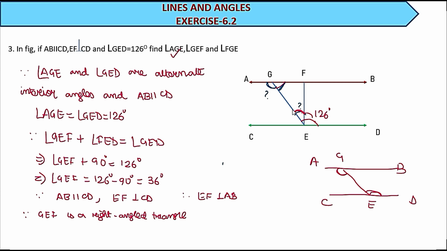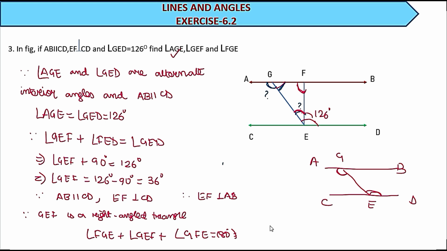So since GEF is a right angled triangle, we have the value of angle GFE, that is 90 degree. You have the value of GEF that has already been found out, so it's very easy to find out the value of FGE. So we will write angle FGE plus angle GEF plus angle GFE equals 180 degree.